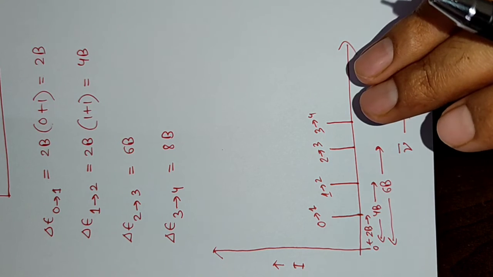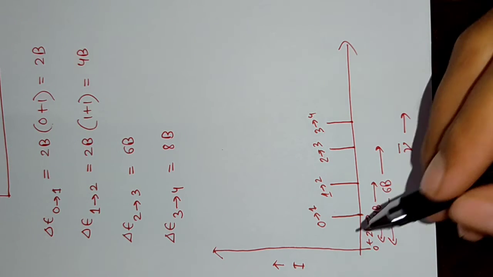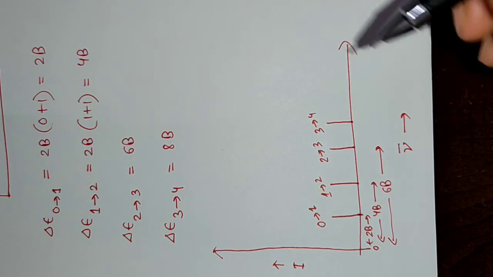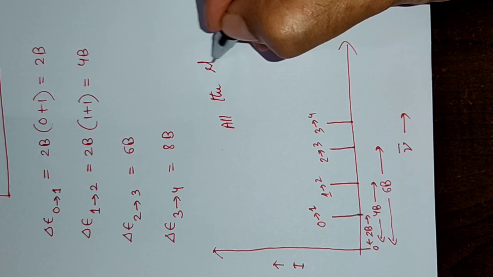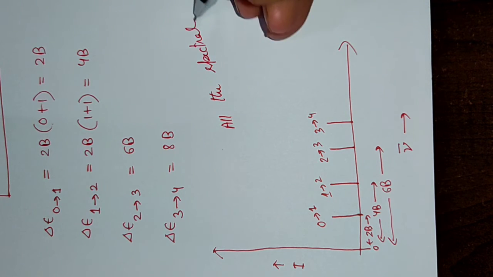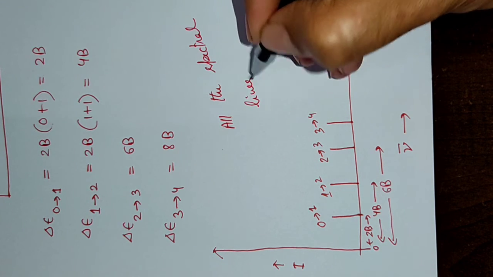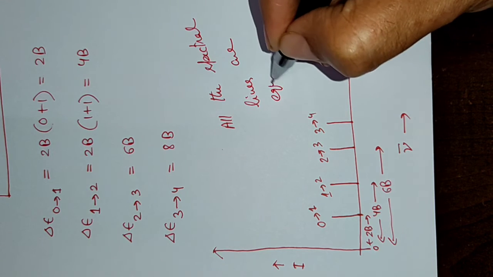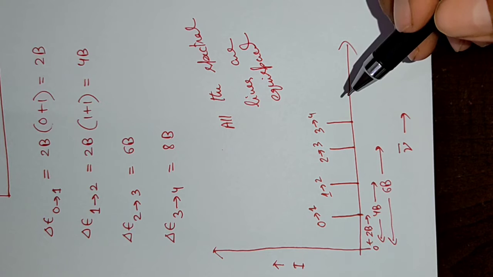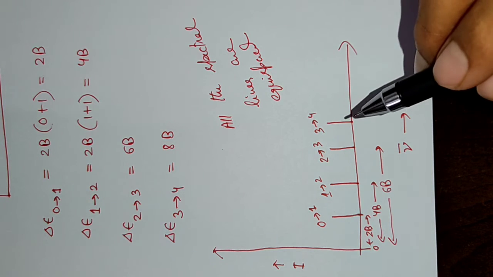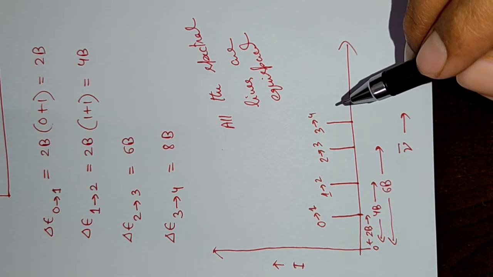Now what we get is that all the lines are equispaced. All the rotational spectral lines are equispaced. That is the graph that we are obtaining from the spectrophotometer.